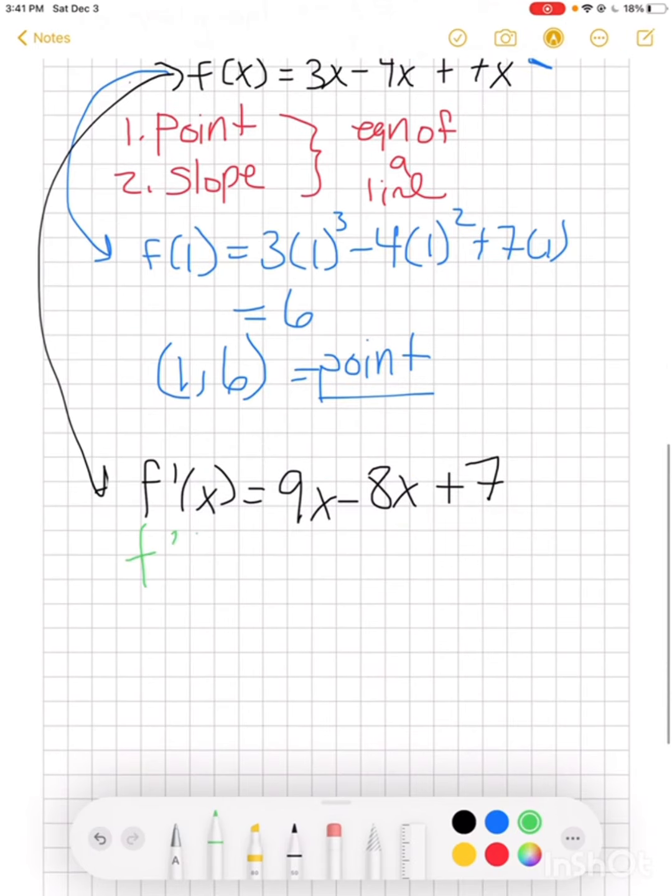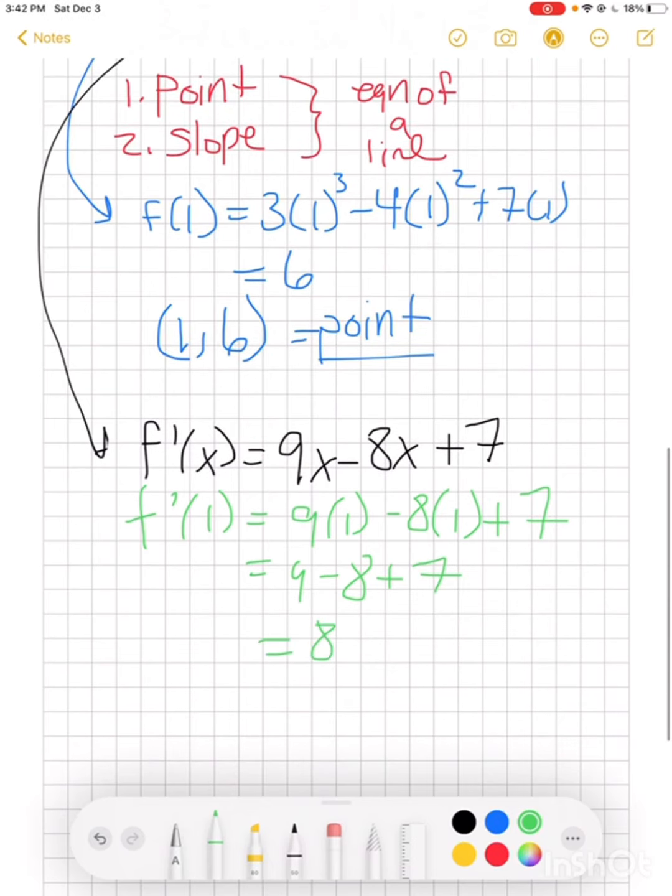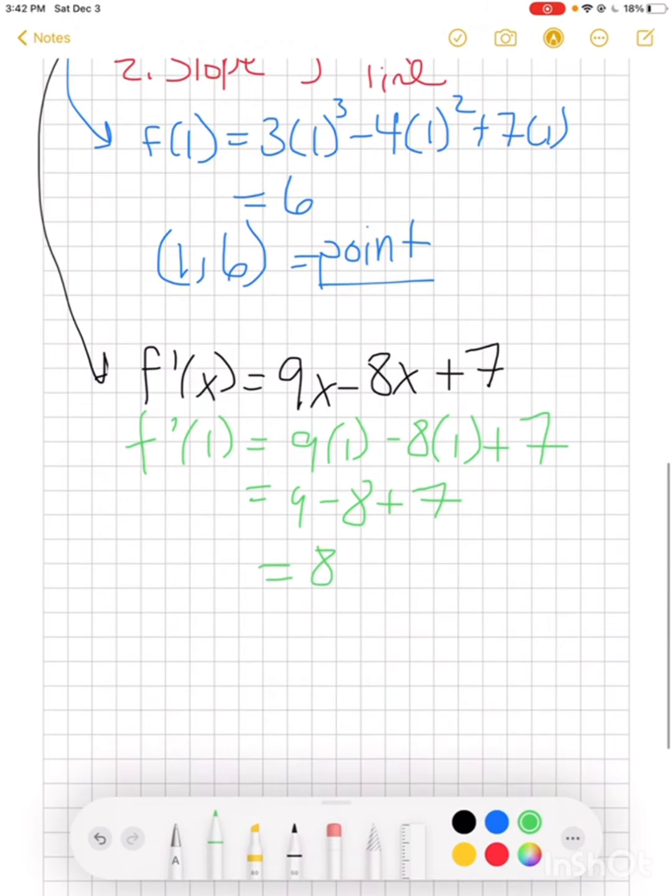Okay, so let's plug in 1. f prime of 1 equals 9 times 1 minus 8 times 1 plus 7, which equals 9 minus 8 plus 7, which, if I can do my math properly, does equal 8 here.